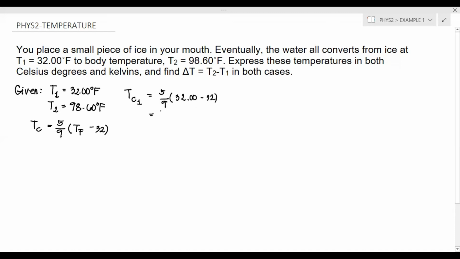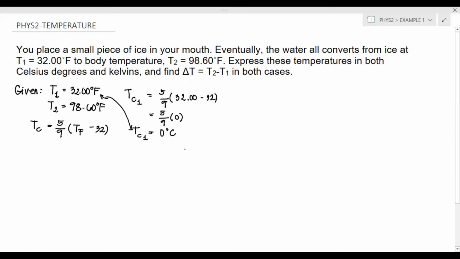You will get 5/9 times 0, which gives us 0 degrees Celsius. So this is the equivalent of 32 degrees Fahrenheit to Celsius. This is the conversion of T1 in degrees Celsius.